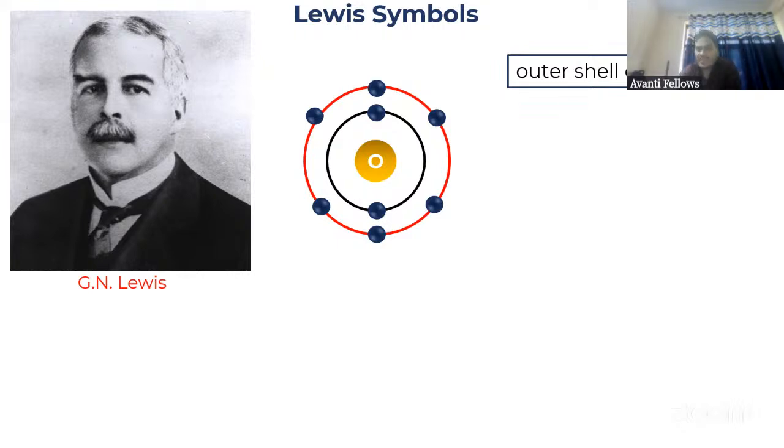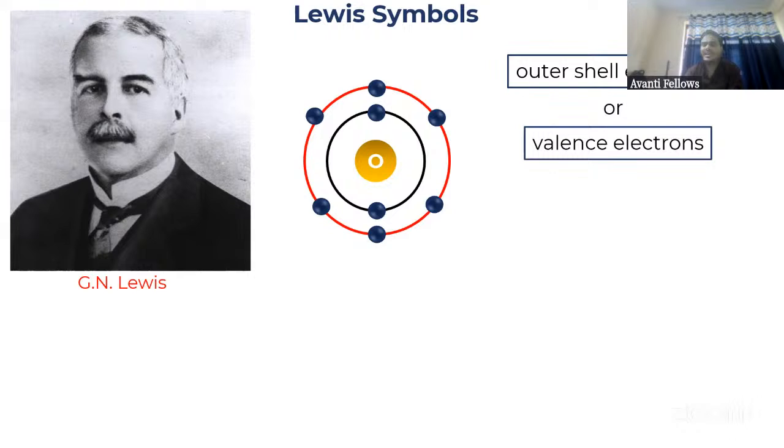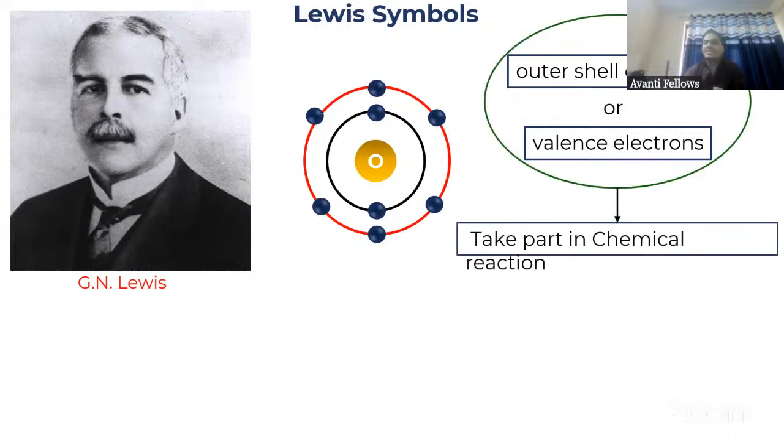Whenever we talk about Lewis dot structure or Lewis symbol, we always use outer shell electrons. This is very important. The outer shell electron is also known as a valence electron. So these are represented as a Lewis symbol.